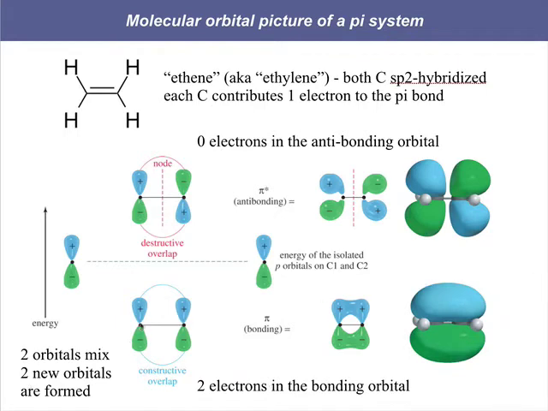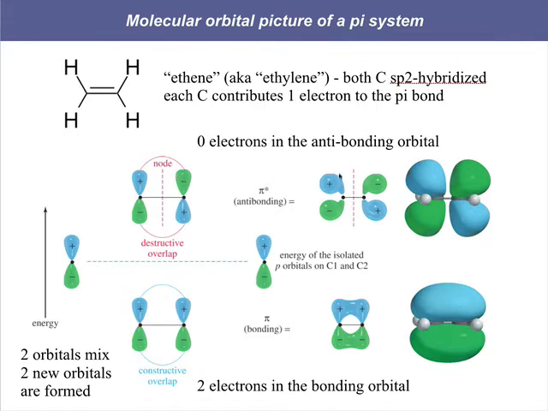The other way that the orbitals can mix, instead of mixing in phase with one another, is they can mix out of phase with one another. So the positive lobe of one is mixing with the negative lobe of another, and as you remember, when we overlap or mix 2 waves in opposite phases, they cancel each other out.